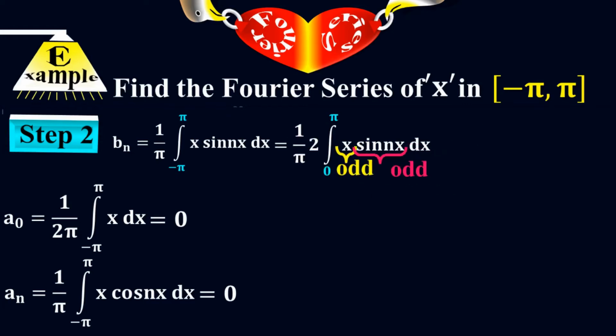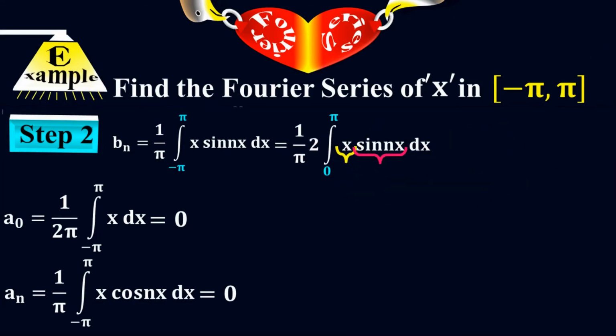Sin nx is also an odd function. So odd function times odd function equals even, which means that this whole thing is even. Therefore I can find the value of b sub n. If the function is even, you can calculate further, but if the function is odd, it automatically equals 0. So here my b sub n integrand is an even function. Therefore I'm going to calculate it.